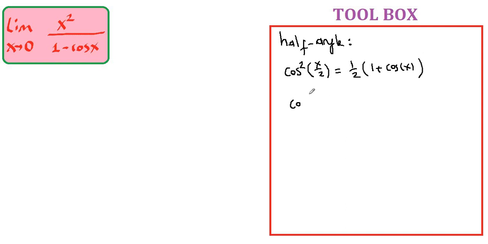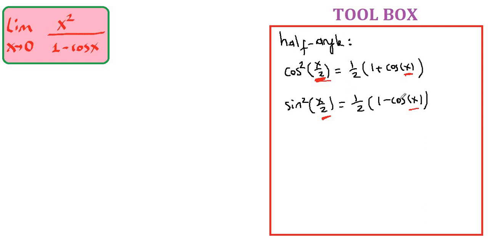And sine squared of x over 2 is equal to 1/2 times 1 minus cosine of x. So whatever the angle here, we double it here. For cosine we use plus, and for sine we use minus.